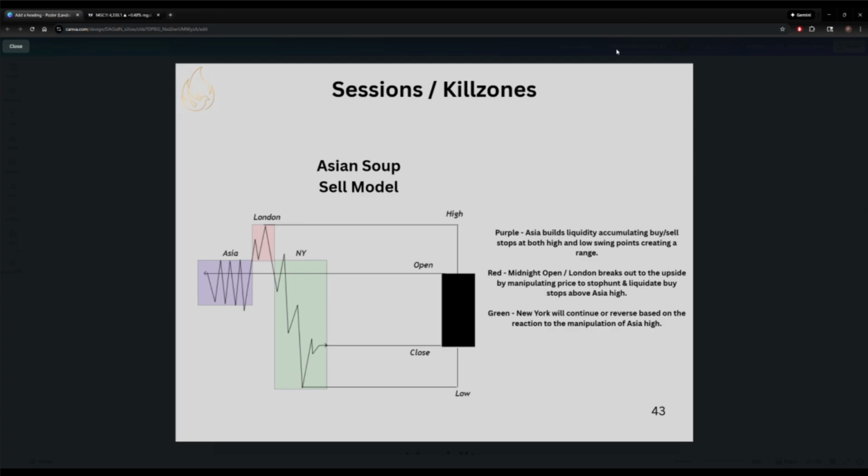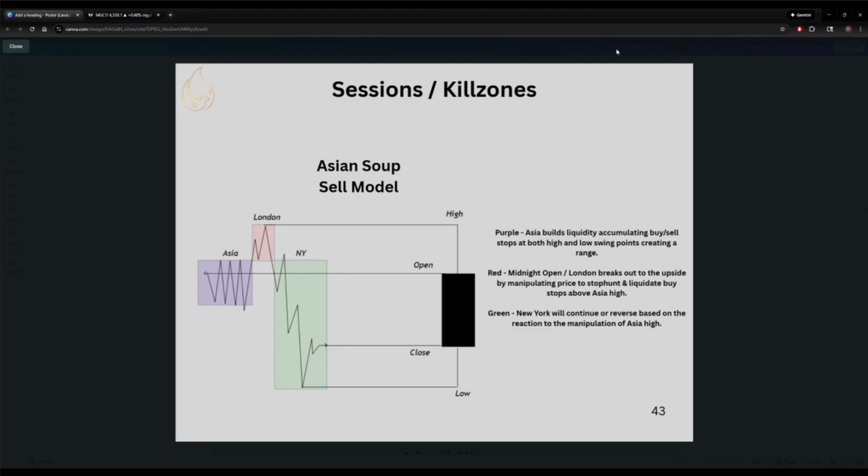Asia, London opened, made a low, and then New York had a reversal and just expanded up. The targets were Asia highs and London highs created in the morning, pre-market open. All this is just to say that New York does two things: it does the continuation move, or it does the reversal move.